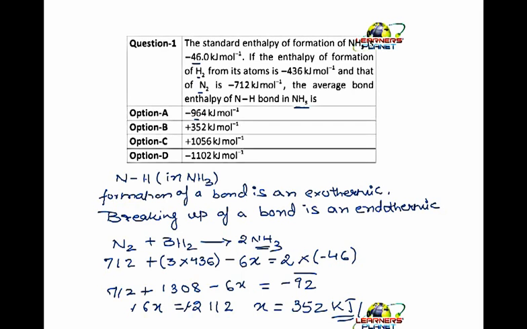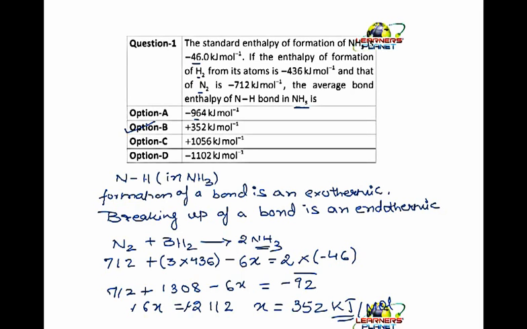So the bond energy of the NH bond in ammonia is 352 kilojoule per mole, right? You can find it for 1 mole of ammonia also. Then it would be 3x over here, this would be 1 by 3, and this would be 1. Right? So this was your question.